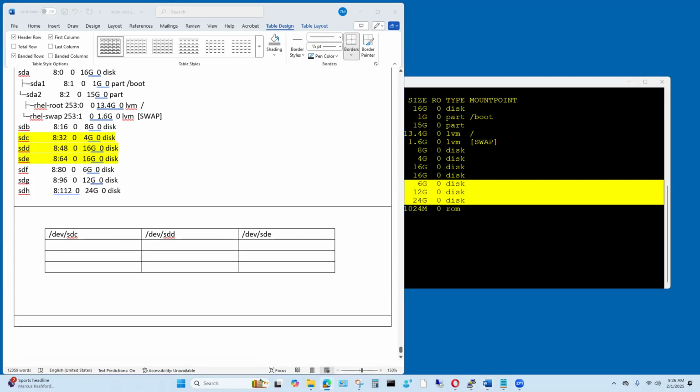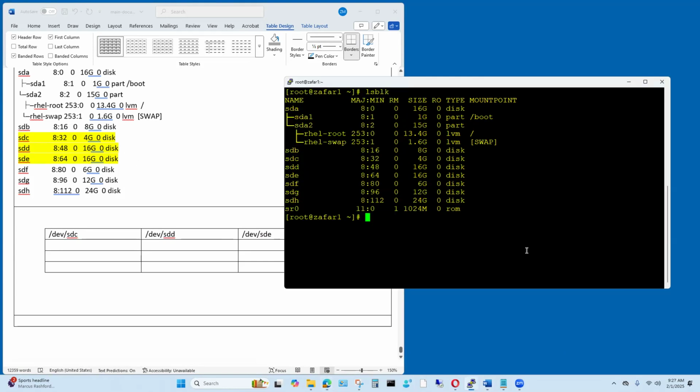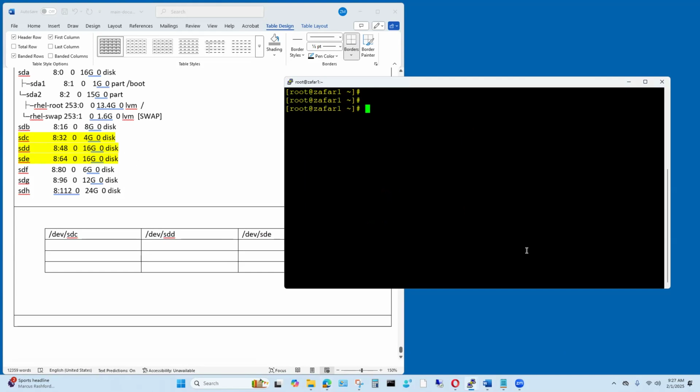Let's learn a new command: pvcreate /dev/sdc. pvcreate stands for physical volume create, so it's preparing the physical volume.